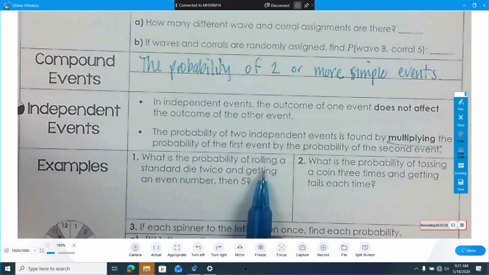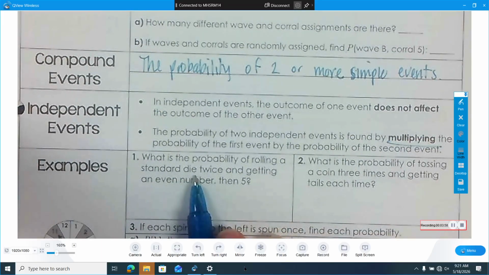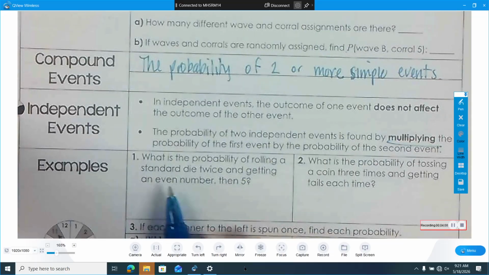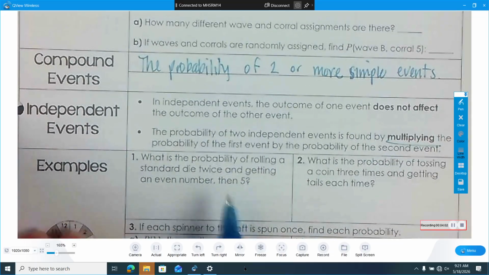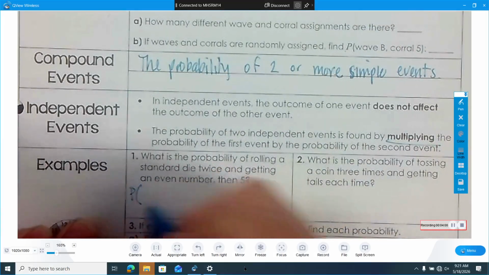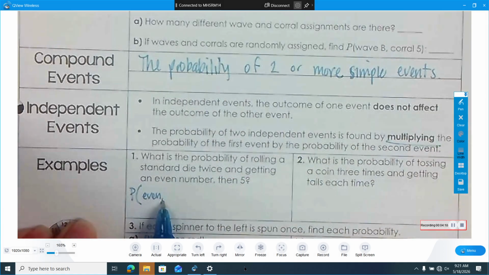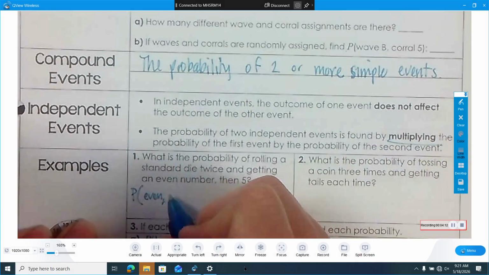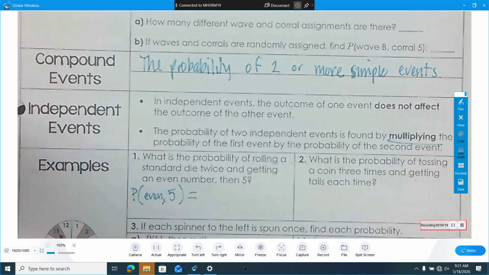What is the probability of rolling a standard die twice and getting an even number, then a 5? So I'm going to write that down in shorthand. I'm going to use P for the probability we want, of getting an even number, then comma, getting a 5. So this is what we're trying to look for. So think about my standard die here.